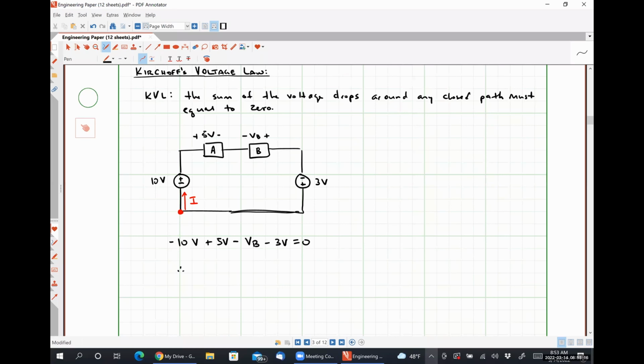We could then rearrange and find that VB is equal to negative 10 volts plus 5 volts minus 3 volts, or negative 8 volts. That's the most simple application of Kirchhoff's voltage law.